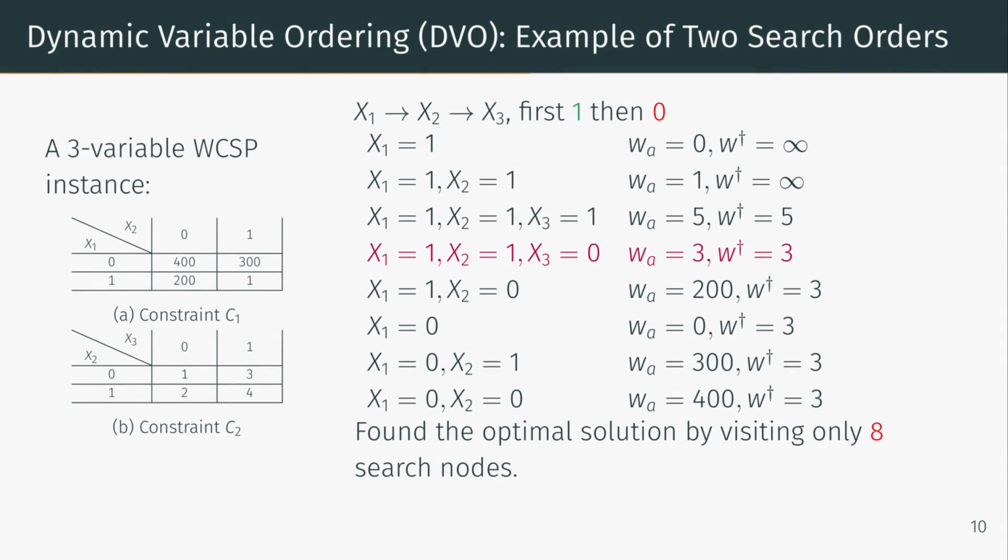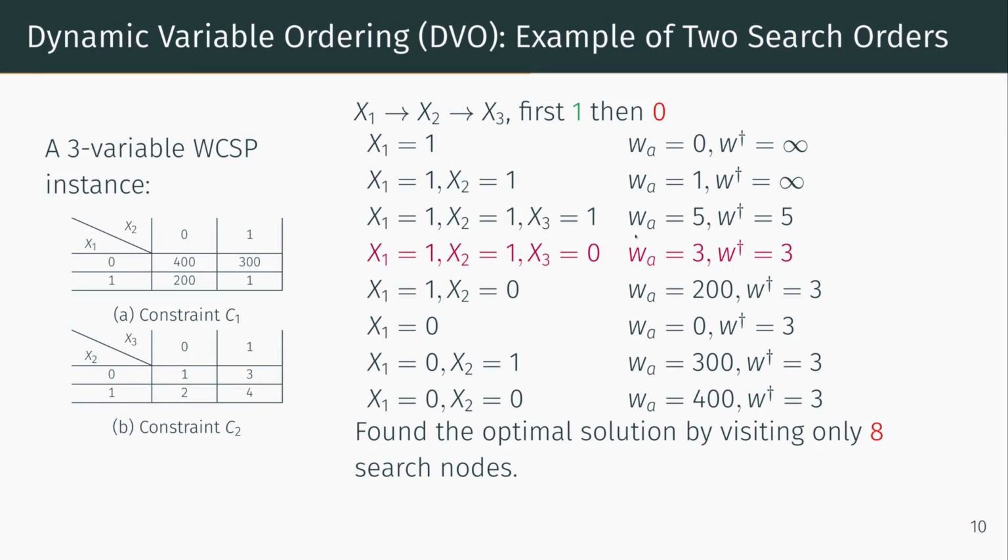Now let's consider a different search order. We still search from x1 to x3, but we always assign value 1 first and then value 0. So here we have x1 equals 1. This is the first search node. Similar to the previous search order, we have WA equals 0 and W dagger is infinity. Then we have x1 equals 1, x2 equals 1, and WA equals 1. Then we have x1 equals 1, x2 equals 1, x3 equals 1.